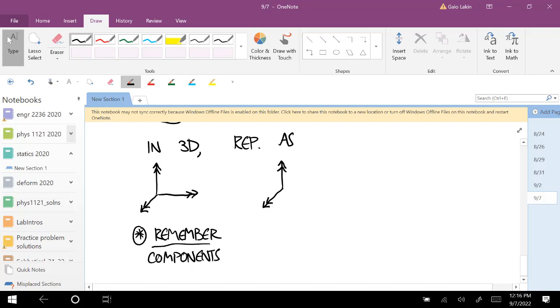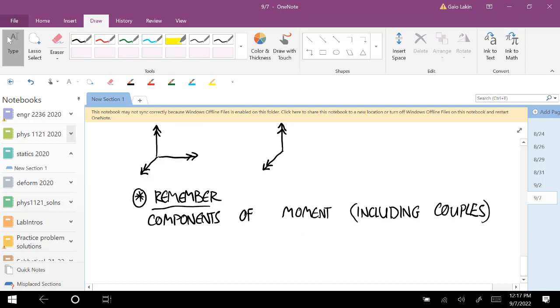So the components of a couple, or any moment including couples, are the thumb in the right-hand rule.